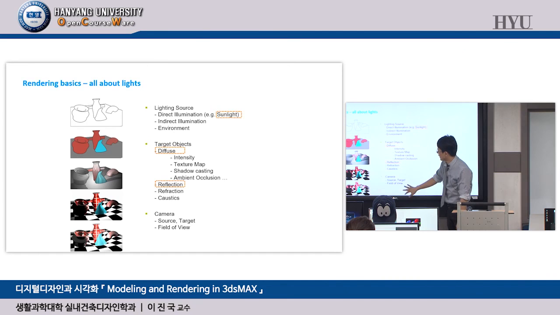The right text here simply explains something about computer rendering. Three main things: lighting, your object, camera, okay? Lighting, very important, but SketchUp, Rhino, 3D Max, they have their own default light. But default light is super low quality.